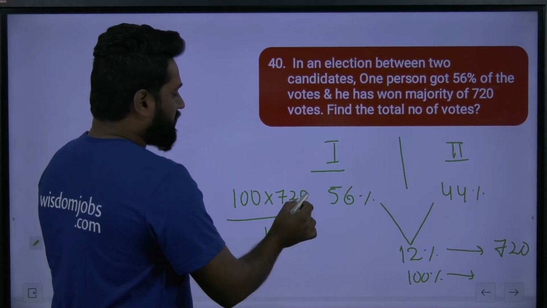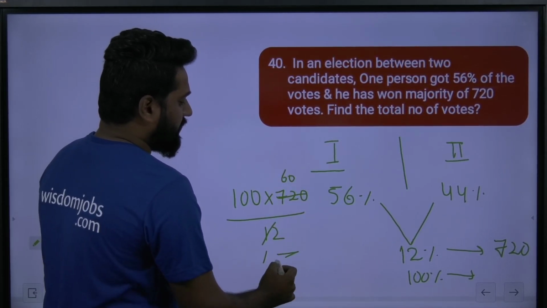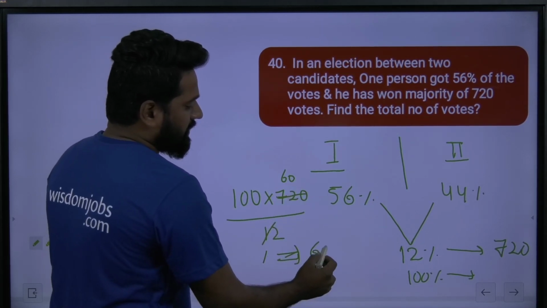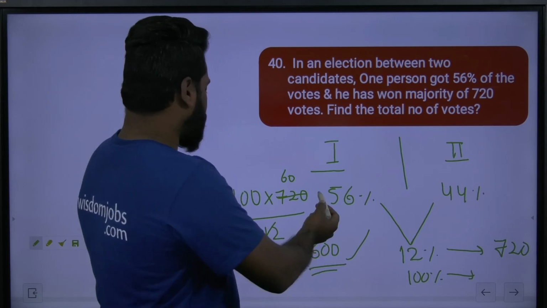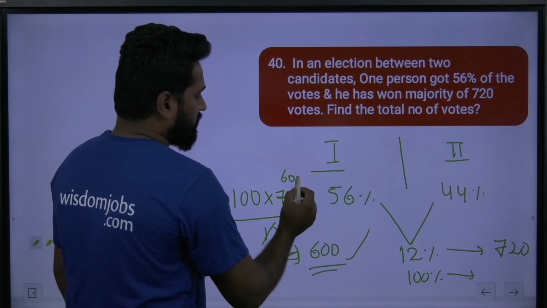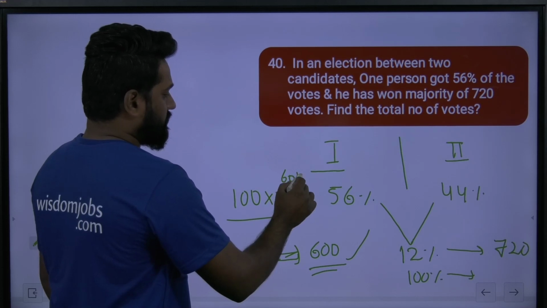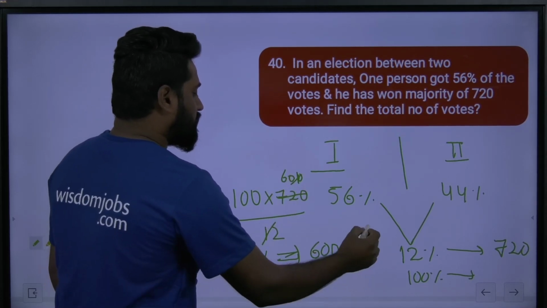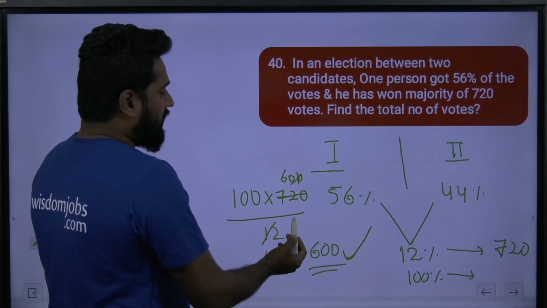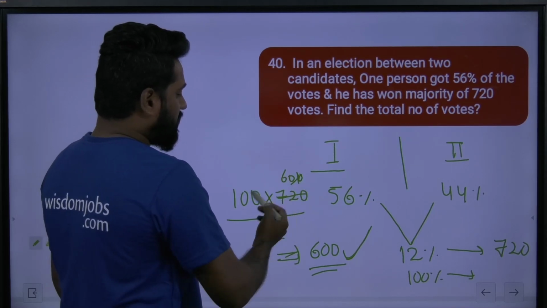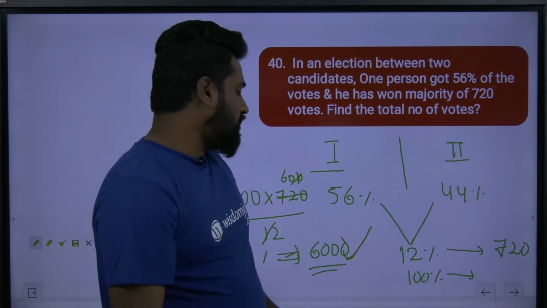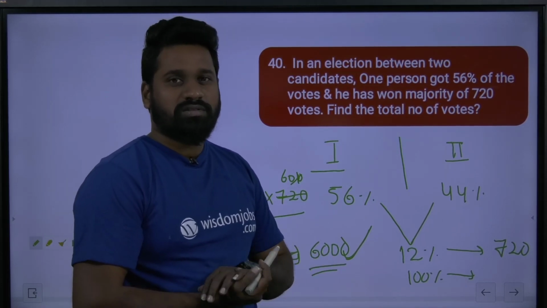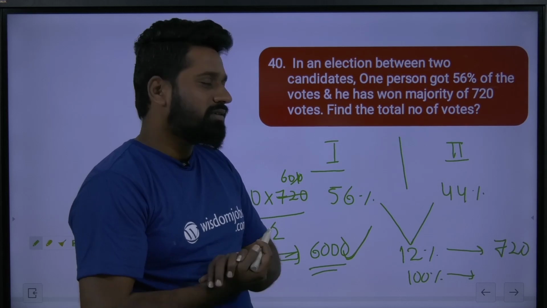So 12 sixes are 72, and you will get 0. 60 into 100, you will get 6000. So the total number of votes polled is 6000 votes. Is it clear now? Right.